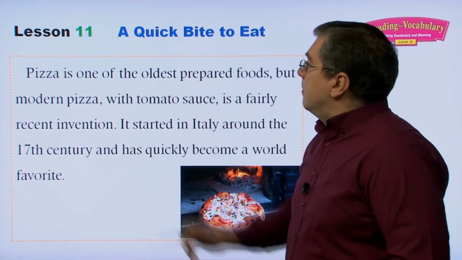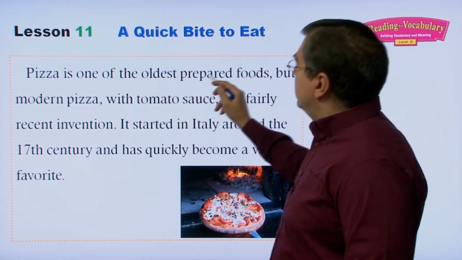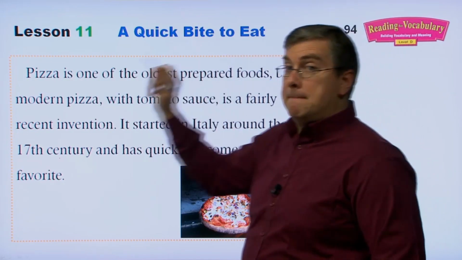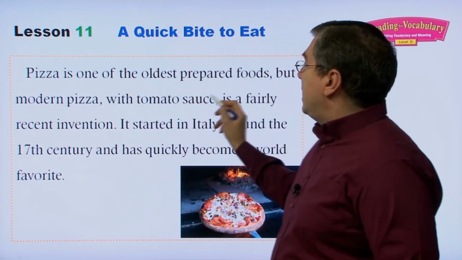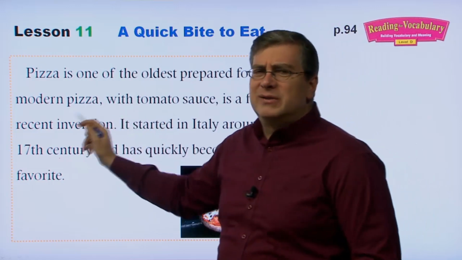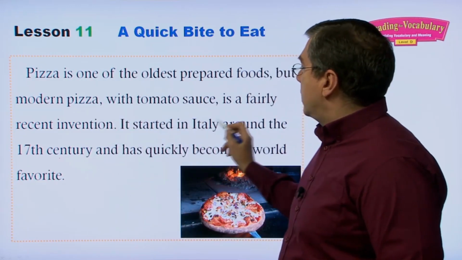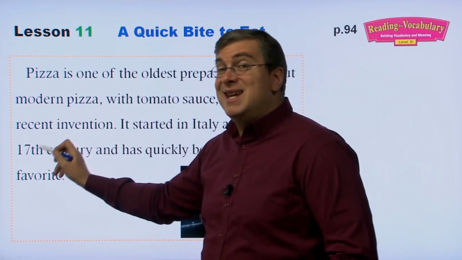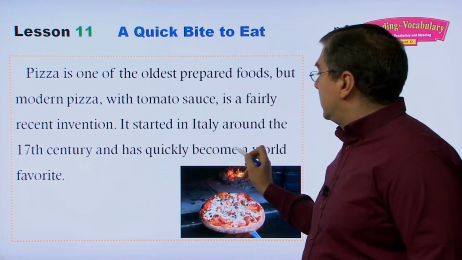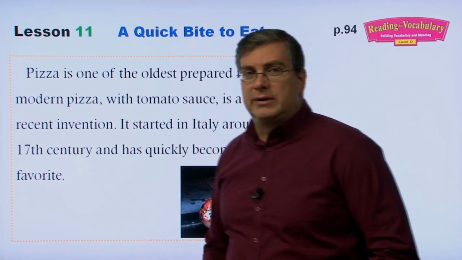Next one. Pizza is one of the oldest prepared foods, but modern pizza with tomato sauce is a fairly recent invention. It started in Italy around the 17th century and has quickly become a world favorite.